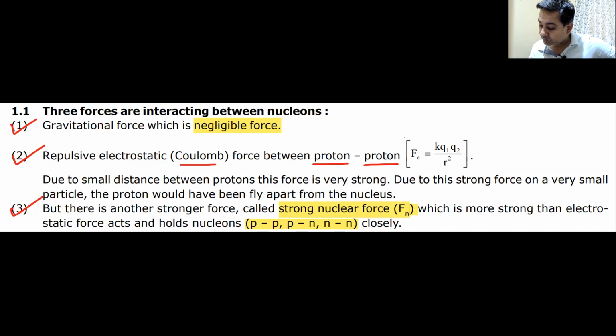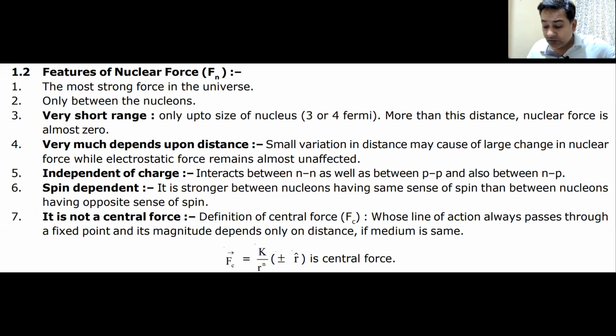Now, you must remember some points about this strong nuclear force. These points may come in your exam, so you just have to read them and remember them. The first point: it is the strongest force in nature.